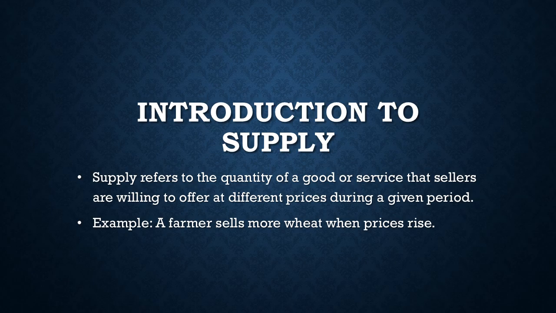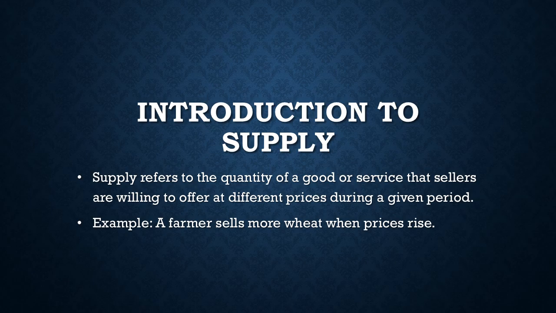Let's take an example. Imagine a farmer has wheat. If the price of wheat in the market goes up, the farmer will try to sell more wheat. Why? Because he will earn more money by selling at a higher price. Now tell me, if the price of tomatoes increases in the market, what do you think the farmers will do?